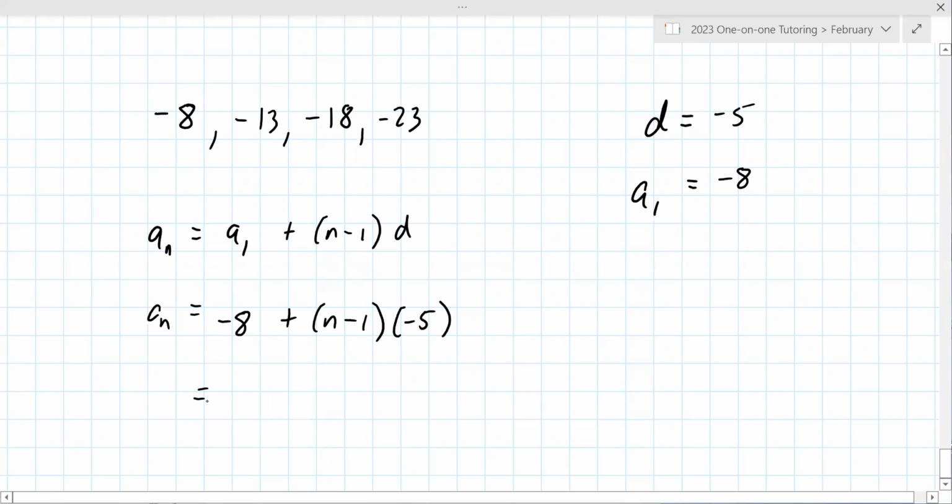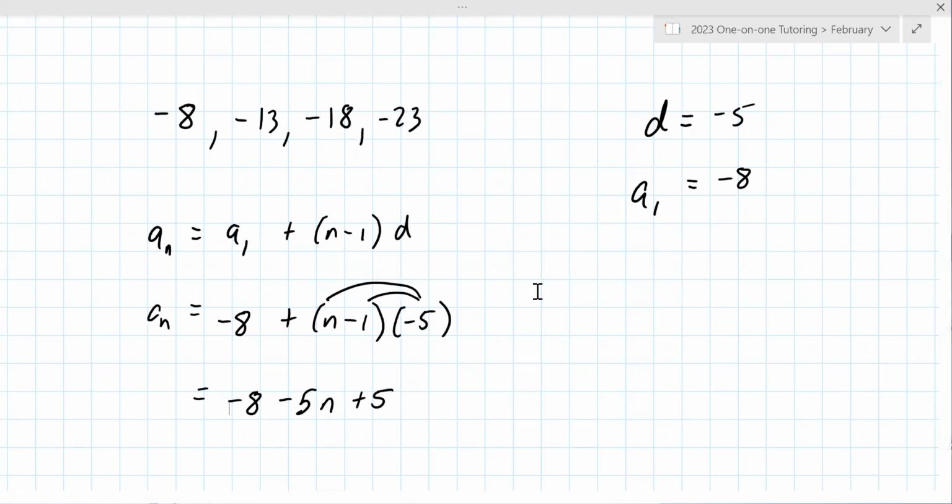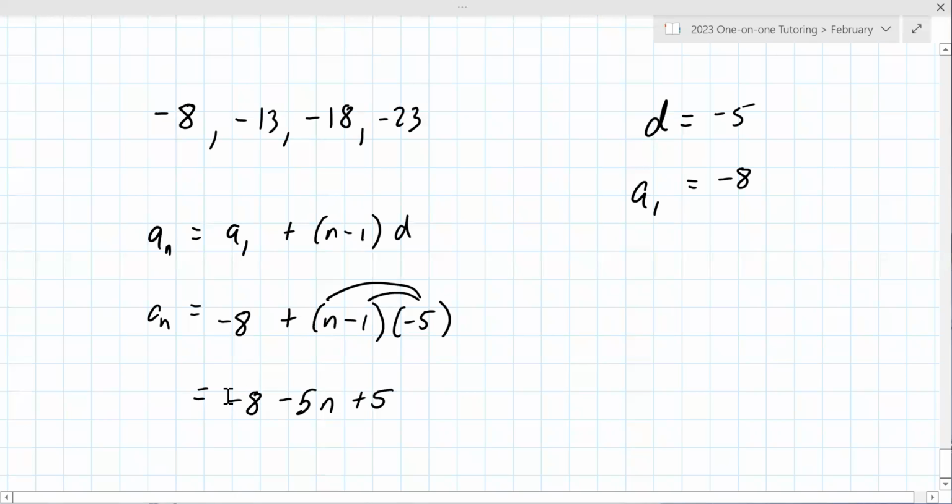Take your time. Just double check that you got it. Did you distribute it like this? Basically, that's what I make sure of. 5n minus -5. So it becomes -5n, though, -5n, and then +5, the signs cancel. Yeah, okay.